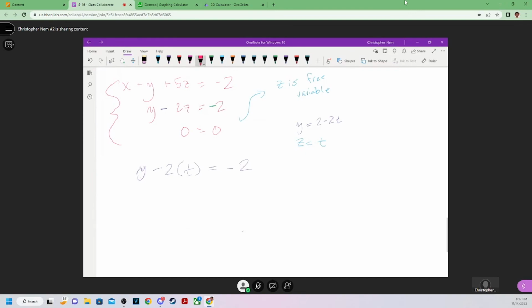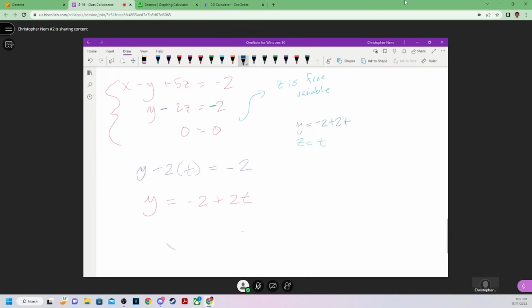Then I get y is equal to negative 2 plus 2t. There we go. Now I have the right value. So now I can fix that up. Let me write this better. Negative 2 plus 2t.